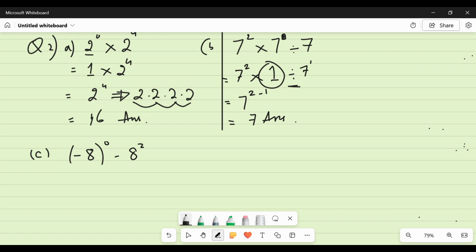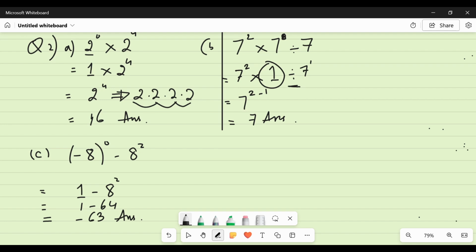Now this whole first term is converted into 1 minus 8 squared. Here it's not a division, it's a minus sign. So 1 minus, what is the square of 8? The square of 8 is 64. The final answer is minus 63. You know that with integers, the bigger number's sign always comes with the answer, minus 64, so when we subtract it gives you minus 63. This is the answer.